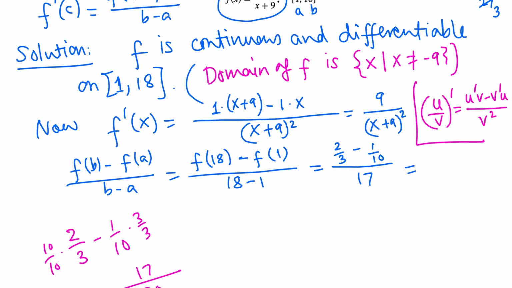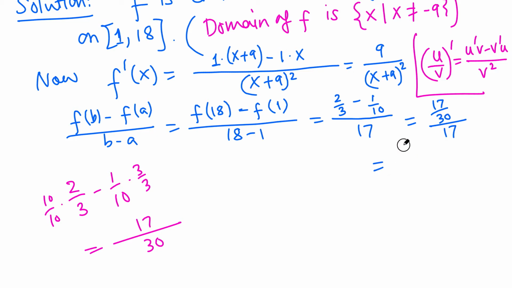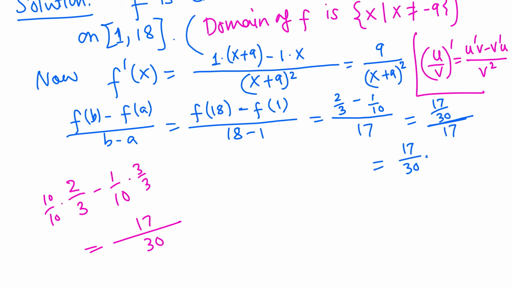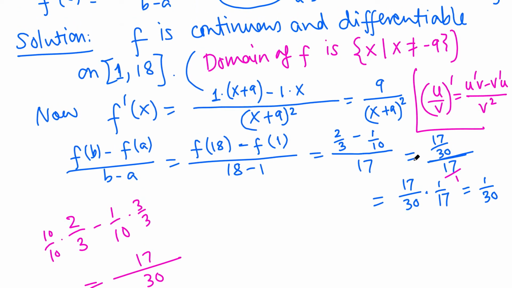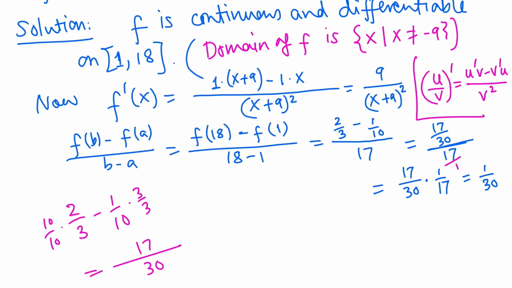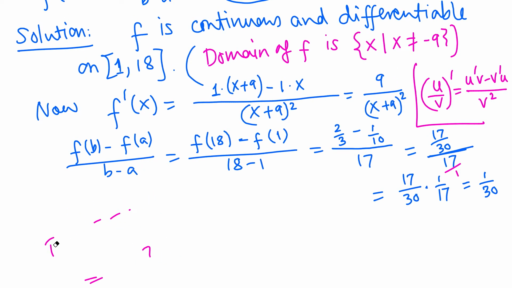So this is 17 over 30 all over 17, and when we simplify, this becomes 17 over 30 with division turned into multiplication. We can always put 1, so this is 1 over 17. 17 cancels, so 1 over 30. Okay, so 1 over 30 is the slope of the secant line, and we already found the slope of the tangent line here.